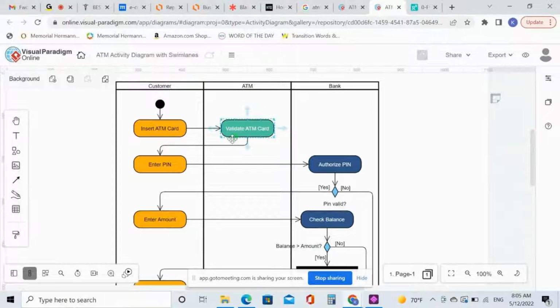After you validate the ATM card, the entering of the PIN is done by the customer only. So the arrow mark came back to the customer, where the customer enters the PIN. Then once you enter the PIN, it is sent to the bank server. Bank will check: does this ATM card exist, and is this the right PIN code for this ATM card or not?